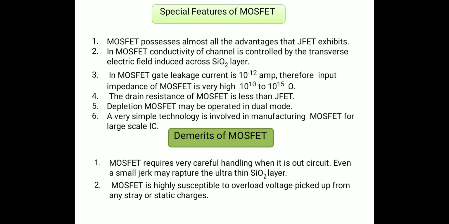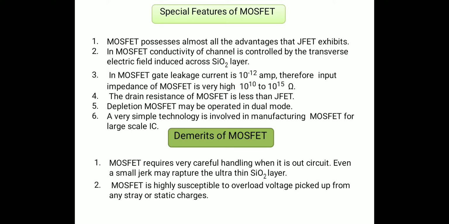Then special features of MOSFET. MOSFET has almost all the advantages that JFET has. In MOSFET, the conductivity of the channel, as we have already discussed, is controlled by the transverse electric field induced across the SiO2 layer. Because of the presence of the SiO2 layer, the input impedance of MOSFET is very large, of the order of 10 to the power 10 to 10 to the power 15 ohm.